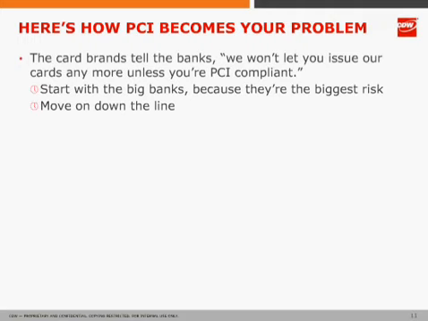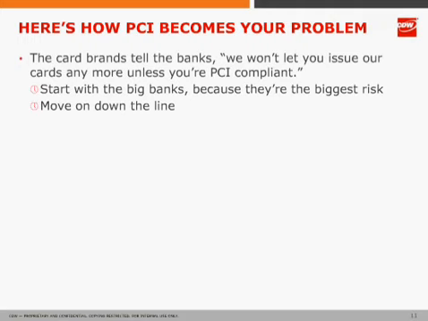We started with the big banks, because they're the biggest risks, the big national banks, and then it's trickling down to smaller banks. But the basic thesis is, hey, bank, you can't issue payment cards anymore. No more Visas in your name, no more Citibank Visas, unless you become PCI compliant.